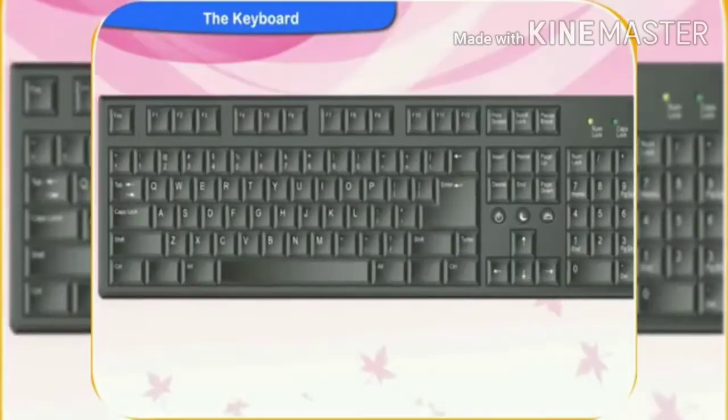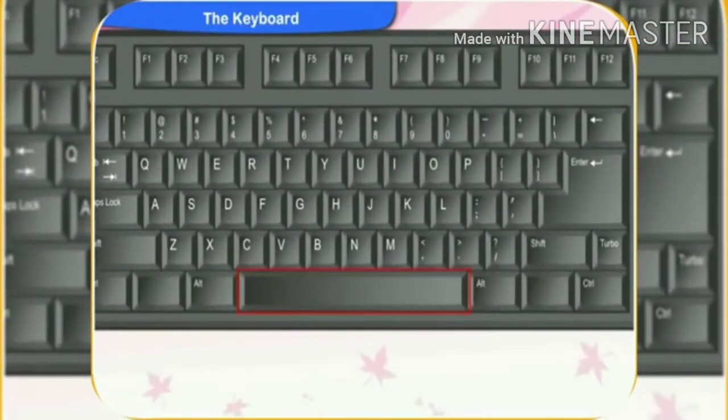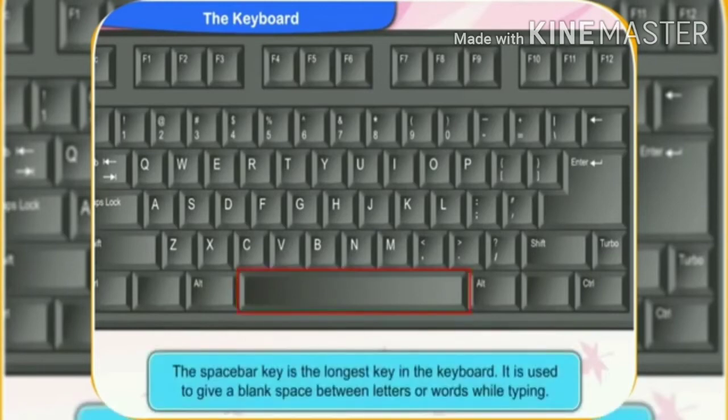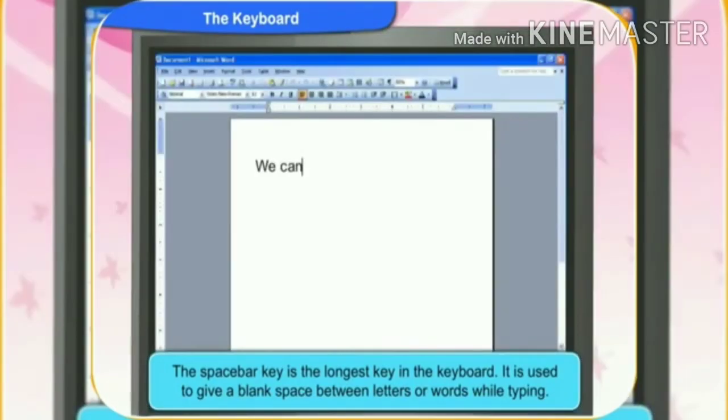Which is the longest key at the bottom of the keyboard? That is the space bar key. It is the longest key on the keyboard. It is used to give the blank space between letters or words while typing.